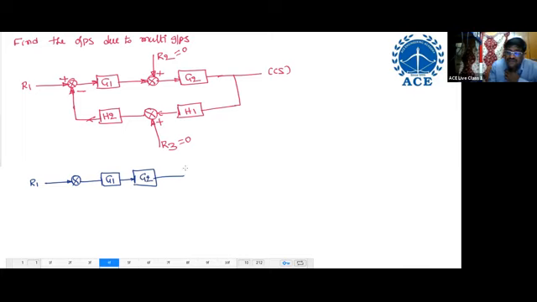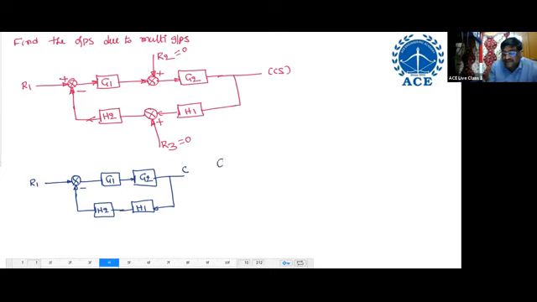G2, C, then minus, here H2, and then here H1. This R3 0 and only one signal, na, H1 is directly connected to H2. So here H1. So this is the answer. This is the diagram.